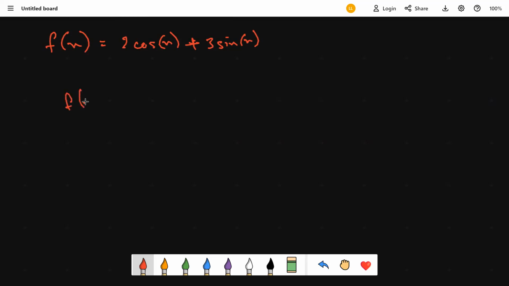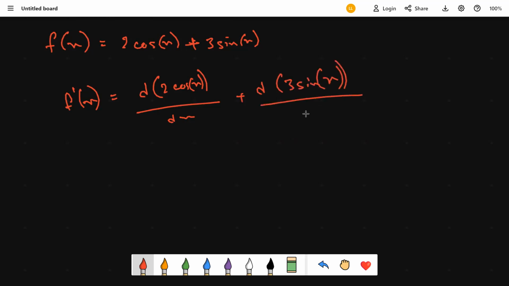So here we have f(x), and if we want to find f prime of x, the differentiation of f, we have to find the differentiation of 2 cos x plus the differentiation of 3 sin x. Since our constant term doesn't change, we can simply bring that constant in front. We don't need to deal with that. But the portion which has x inside it, we have to take as a whole.